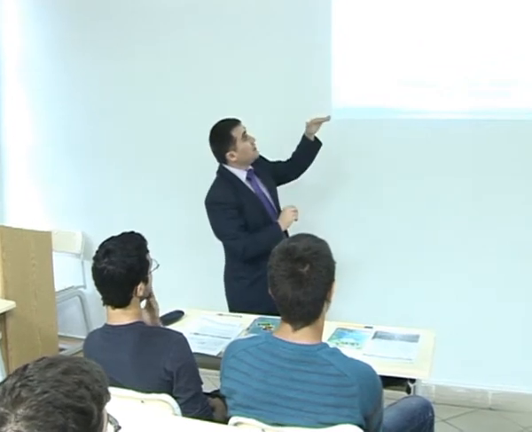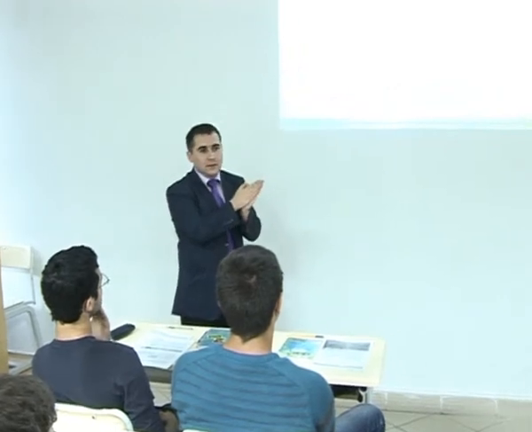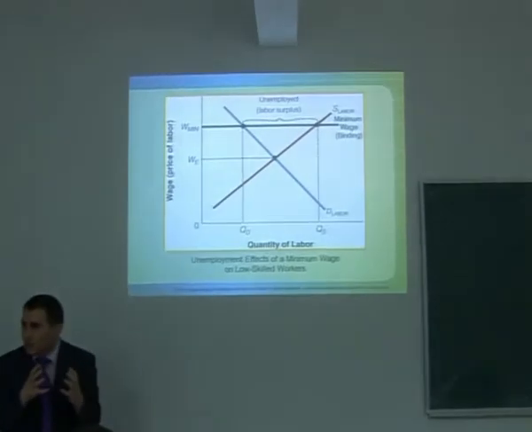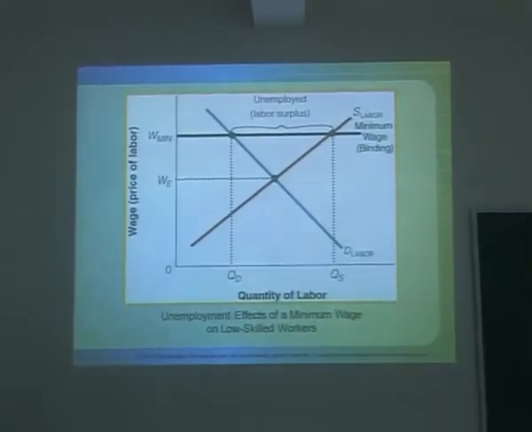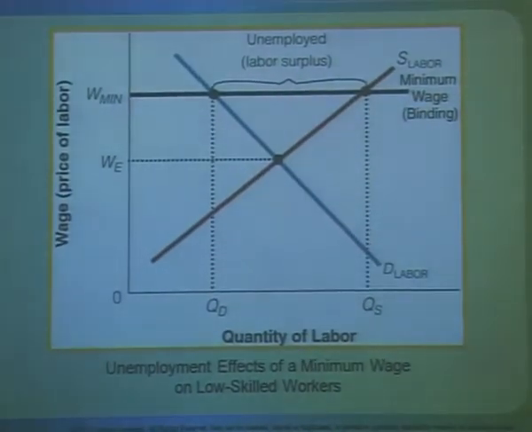It's just an illustrative example, okay? So this price floor is binding. I mean, it takes effect and makes a difference. Binding means that it makes a difference. Not binding means that it doesn't make any difference.